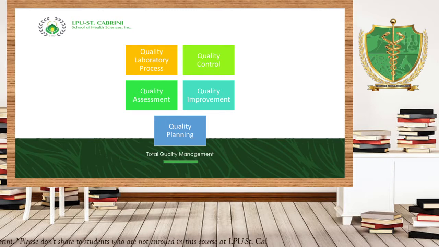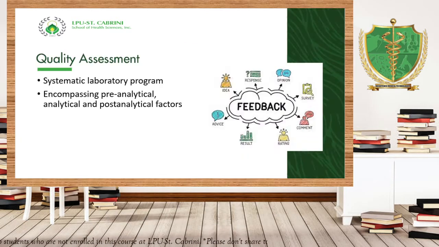Those are the things that we have to consider in total quality management. Again, total quality management is a management process that focuses on the improvement of the quality of all the factors affecting laboratory testing and performance.